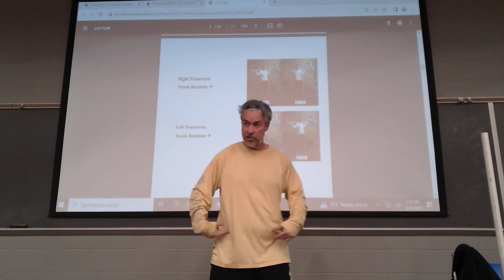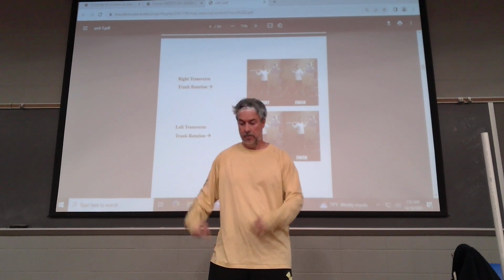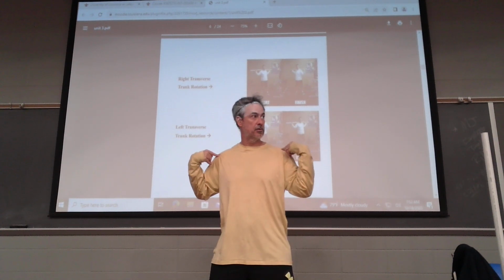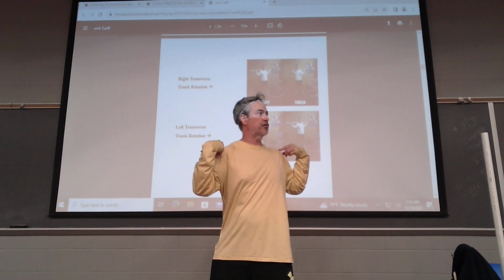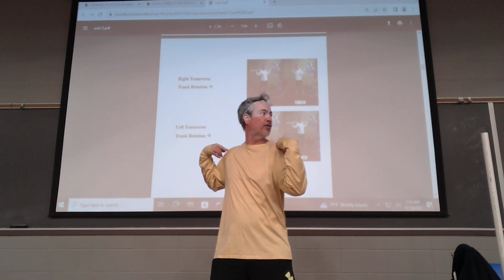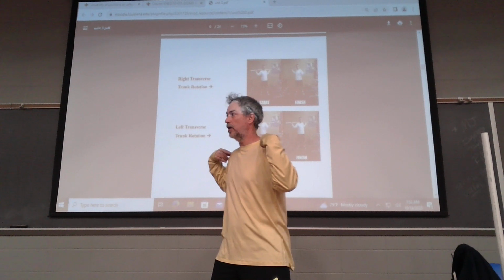If I rotate the pelvis, you're going to see the pelvis. You're going to see the pubis. But if the pelvis doesn't rotate, left transverse trunk, no cervical. Right transverse trunk, left transverse cervical, because if I didn't move my neck, it would go along for the ride.